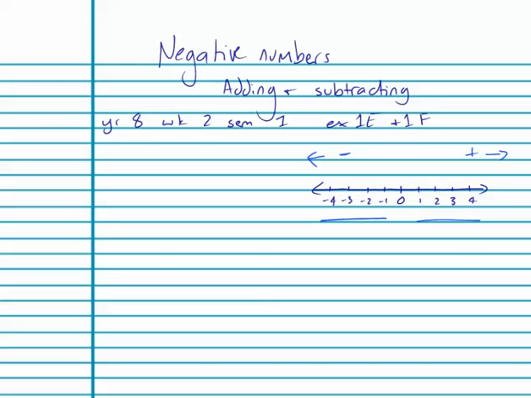If I add a positive number, so if, for example, I need to do -4 plus 3, that tells me that I start at -4 and move 3 spots to the positive side. I'm still negative, I'm at -1, but it's a bigger number.